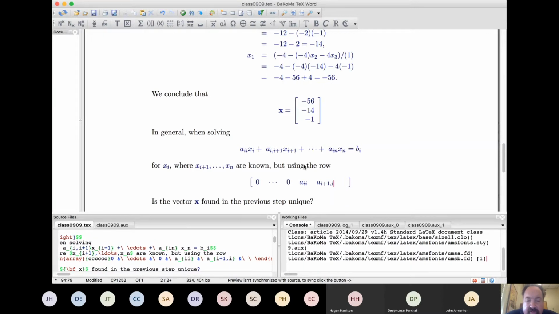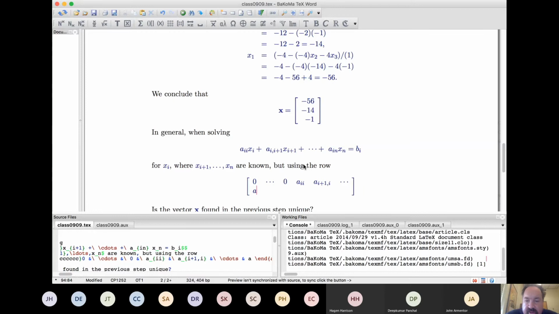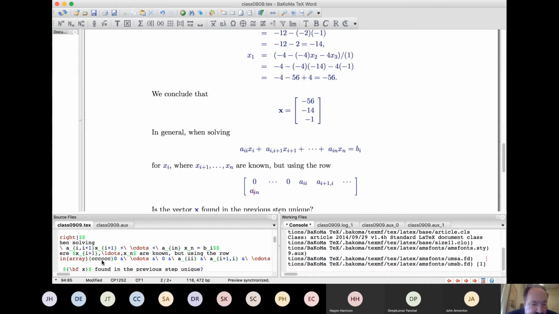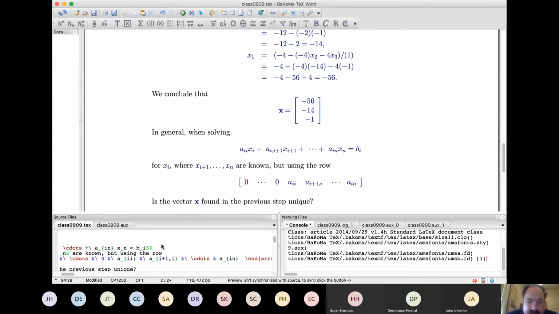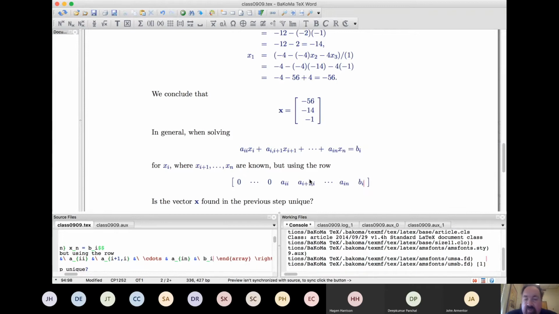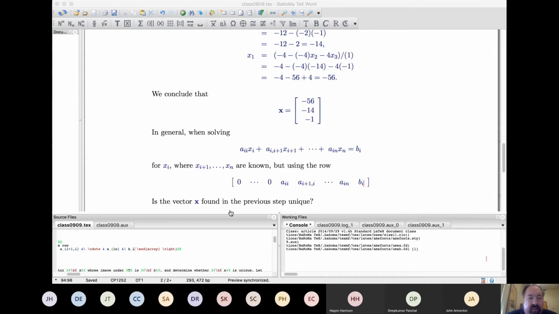And then you have more coefficients until the last one. Okay, I need a couple more of these. Okay. And then you have this right-hand side value over here. So this is what you're actually working with, or several rows like this.